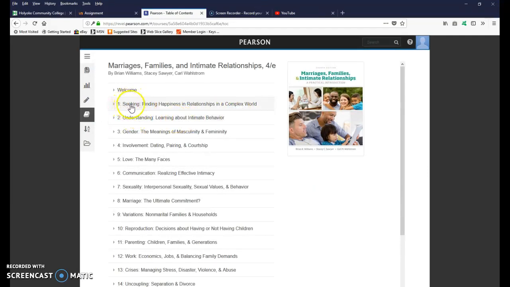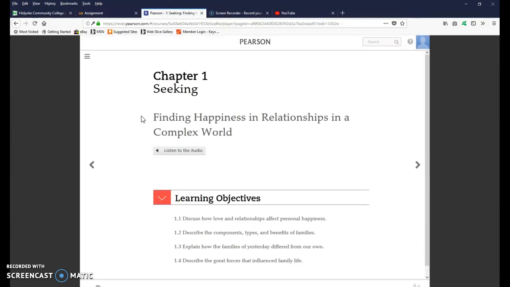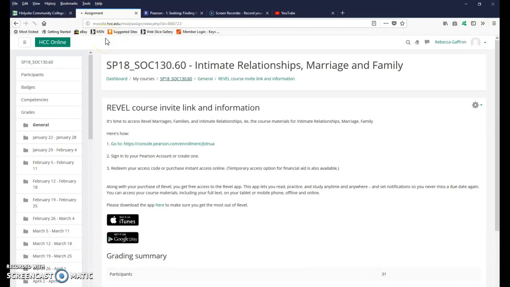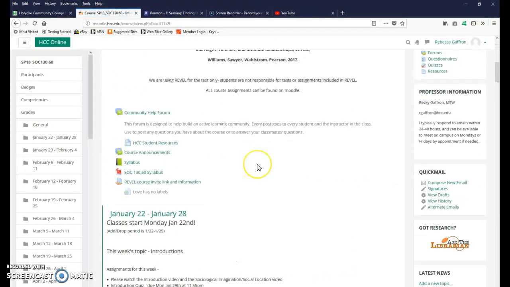You have each chapter here. Chapter 1, Seeking, Chapter 2, Understanding, and you can just click into whichever chapter it is that you're looking for, and it'll bring you right to the text. If you have questions about that, feel free to send me an email. Let me go back to our class page and talk about assignments for this week.